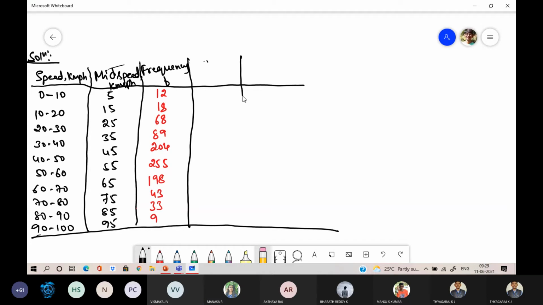The next portion, what you have to calculate? Percent frequency.